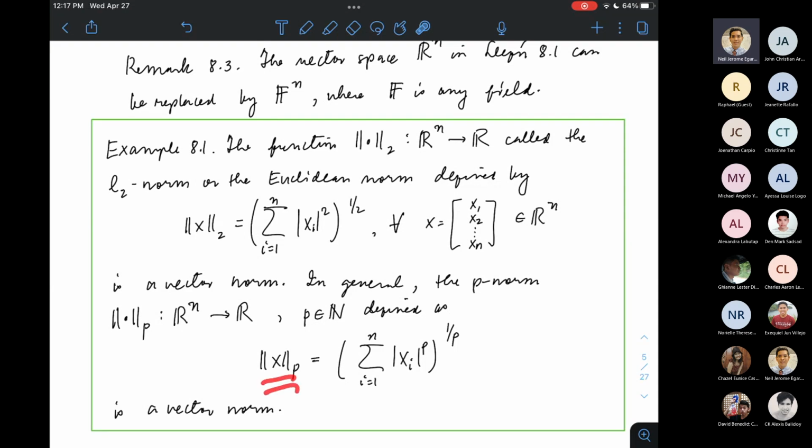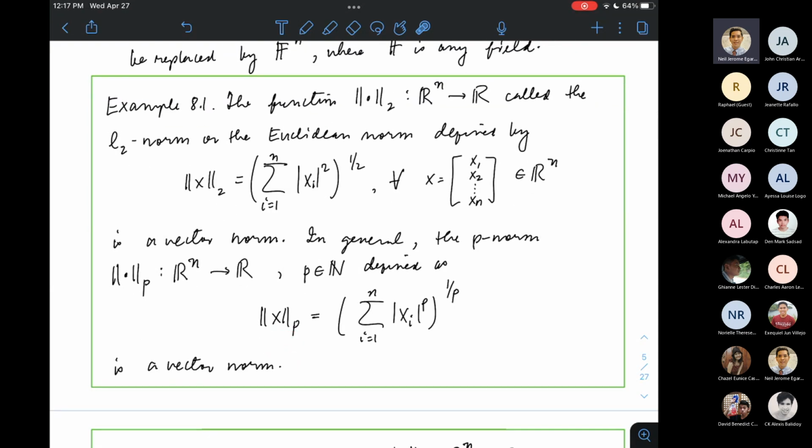The P norm of a vector x is just the pth root, kunin mo yung sum ng absolute value raised to the power p ng bawat entry. Pag nakuha mo na yung sum, i-raise mo siya sa 1 over p. All right? So yun yung ibibigay niya sa iyo na P norm. Okay? So you can replace p by any number greater than or equal to 1, then you'll get a norm.